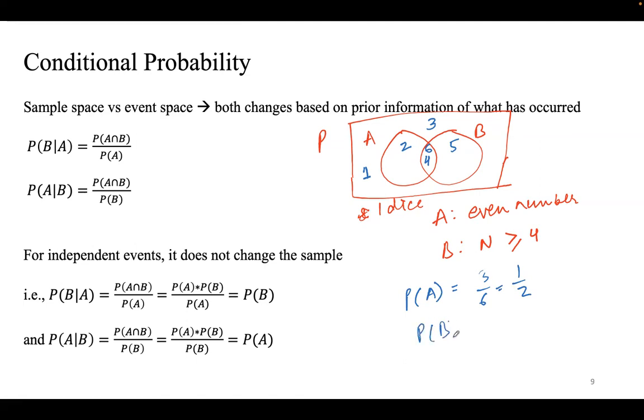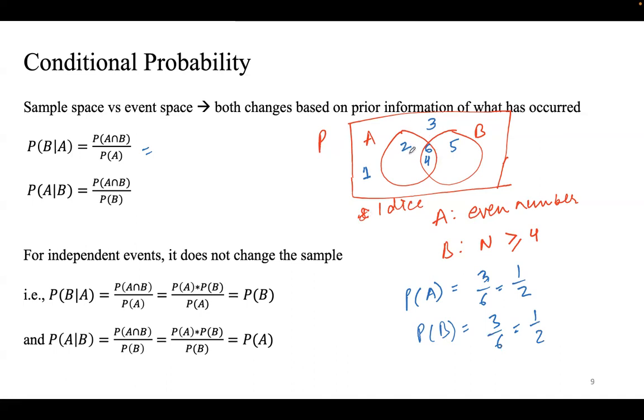If I write the probability of B happening, greater than or equal to 4, this is also 3 by 6, so you get 1/2. Now what does this mean? This means that A has already occurred. Now what is the probability that B has also occurred? This means that this circle has occurred.